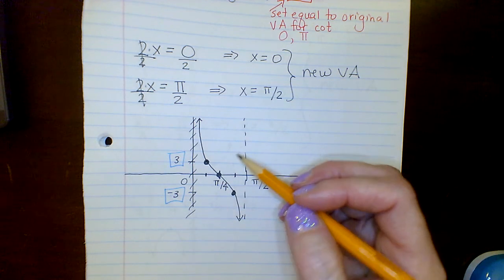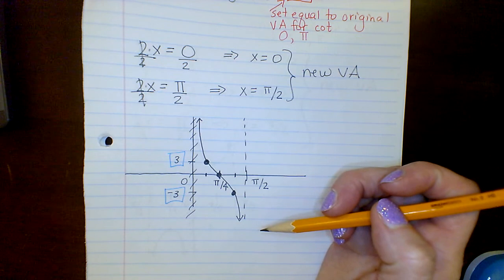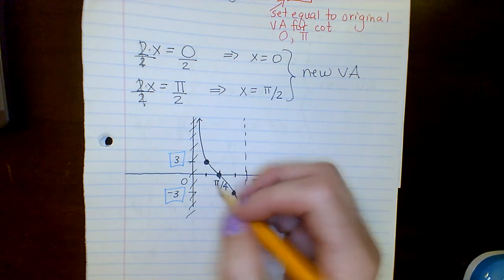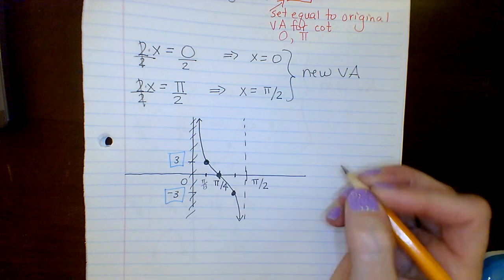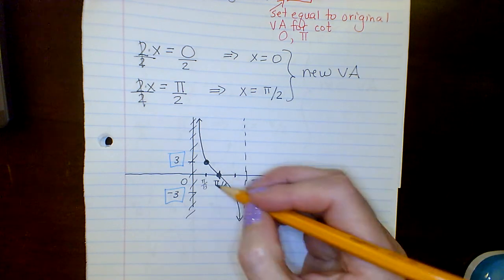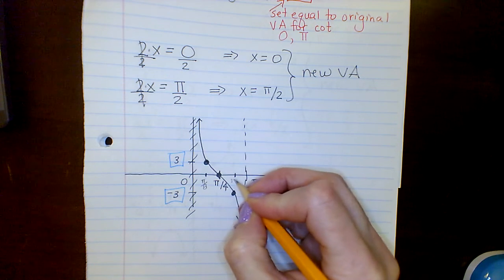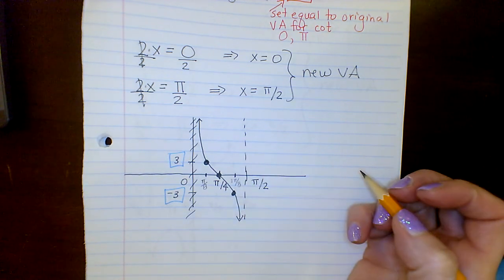So I just wanted to kind of show you where that 3 and -3 come into play here. That point right there would be pi over 8. So that's 1 pi over 8, 2 pi over 8, 3 pi over 8, and that would be 4 pi over 8 right there.